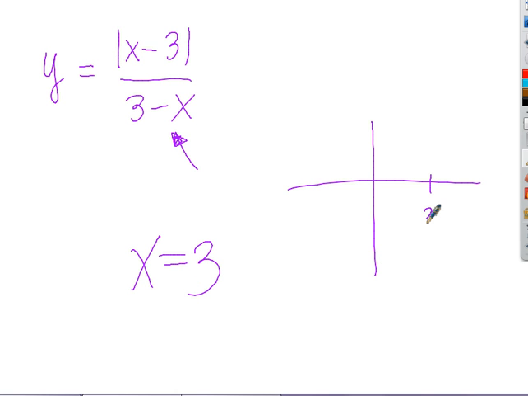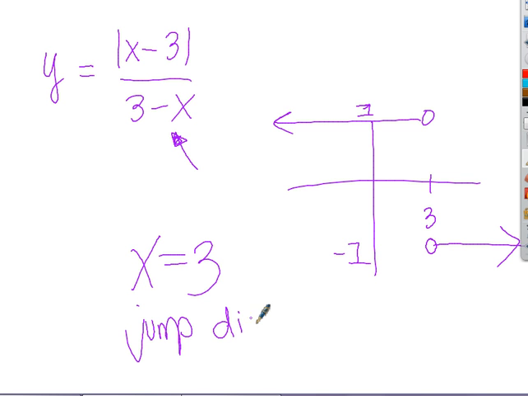At 3, I believe the graph should look like this, so it's negative, so it's this way, and this way. And this is at 1, and this is at negative 1. So that has an absolute value, but it is not a corner. So this is not differentiable at x equal to 3 because of a jump discontinuity like before. It's just a different type of jump. Okay? You have to be able to mix those things.